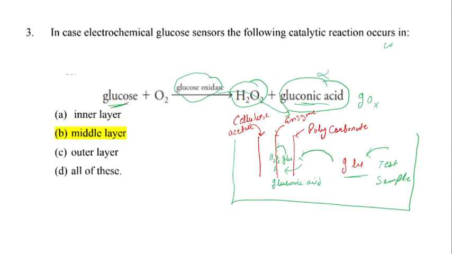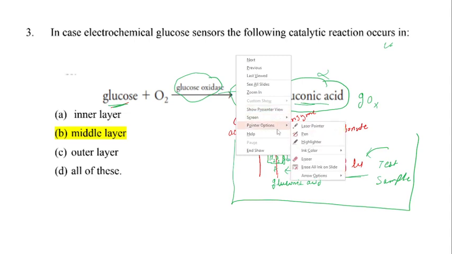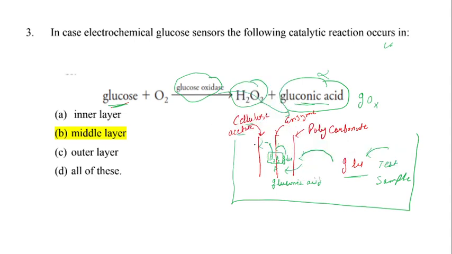The innermost layer is made of cellulose acetate, and it will only permit H2O2 to enter. Hydrogen peroxide only will pass inside this last layer.